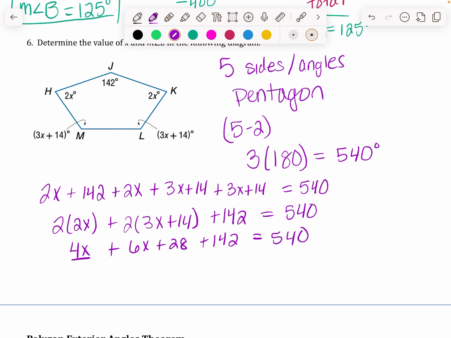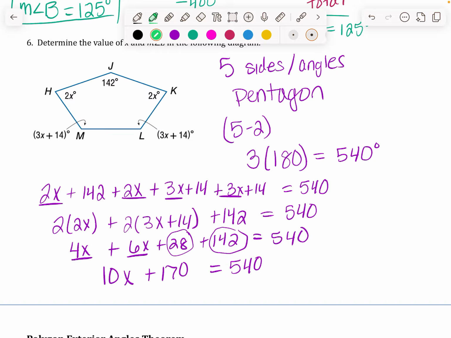Now combine your x's. So even if you started out with writing it all out, you should get a total of 10 x's, and then combine your constants. 142 and 28 is going to be 170. Then get your x's by themselves, so subtract 170.